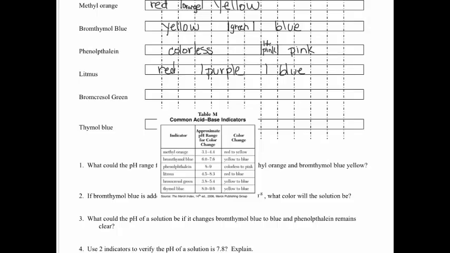Bromocresol green at a pH of 3.8, so right about here, to 5.4. Might have gone a little far on that one. Goes from yellow to blue. So in between is green. And the last one on here is thymol blue.